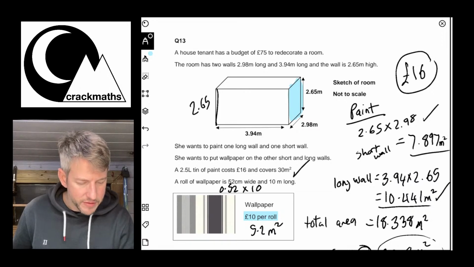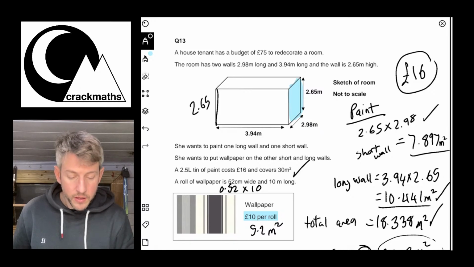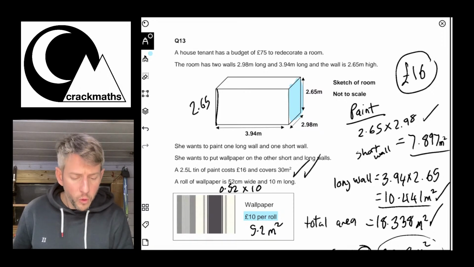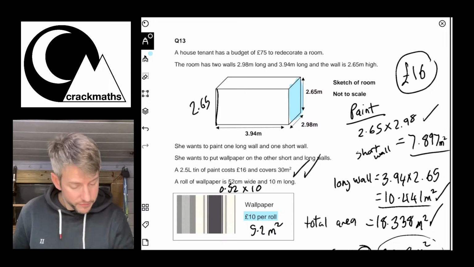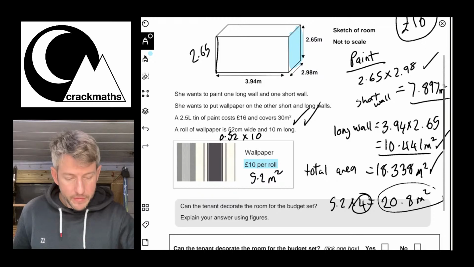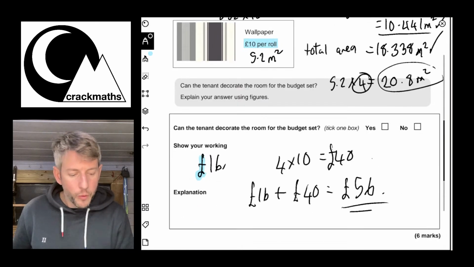Yep. Added together is this. Okay. The 2.5 litre tin costs £16 and covers 30 meters squared. So that is fine. The wallpaper, we've worked out the area of. Great. We know that we need 4 rolls at £10. And so that will be £56.